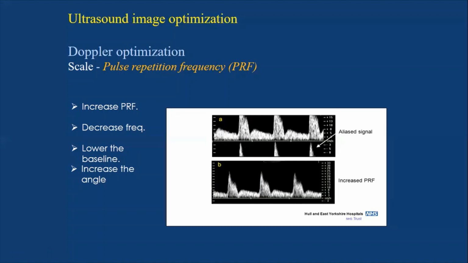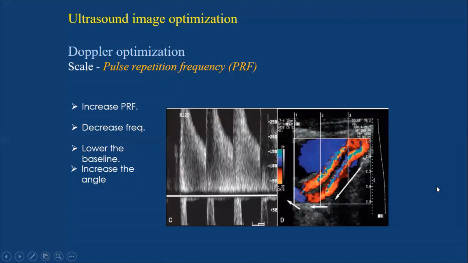Also, we can lower the baseline, as in this image, and we can also increase the angle. Increasing the angle also depends on the equation. As we are approaching the cosine of 90, which is 0, we are at the same time reducing the Doppler shift.